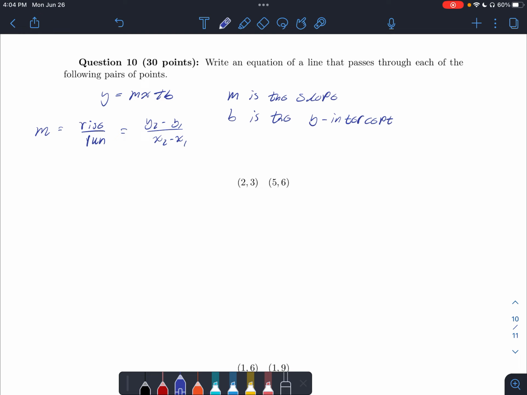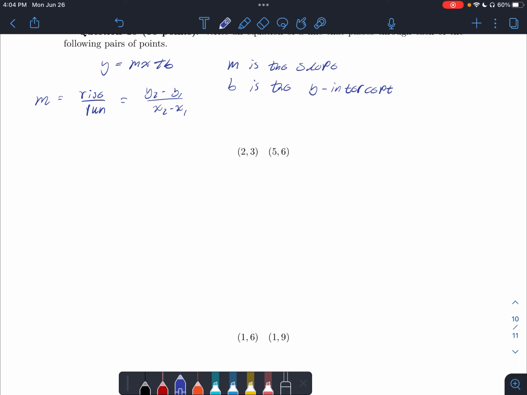Okay? So all we have to do then is pick which point is point 1 and which point is point 2. So let's say this is point 1, this is point 2. So we have x1 is 2, y1 is 3, x2 is 5, and y2 is 6.